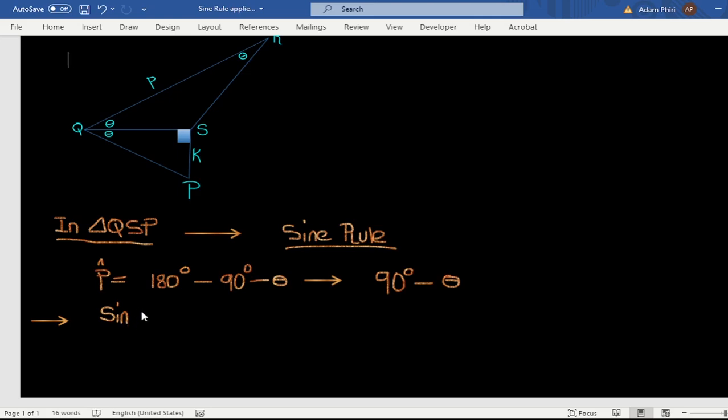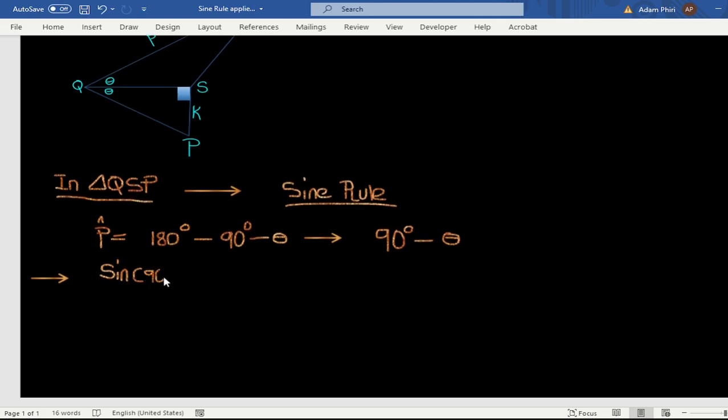So we have sine of brackets 90 degrees minus theta all over QS.